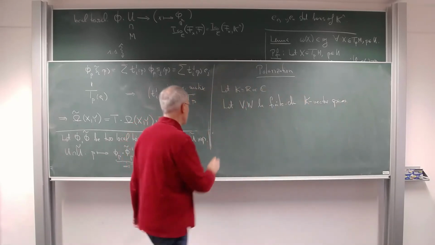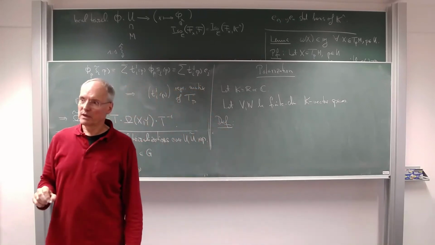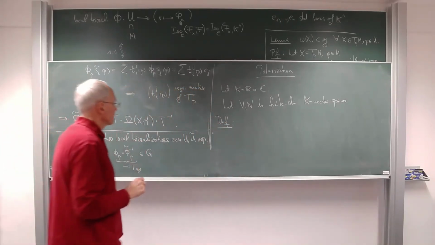Now I want to say what it means that a map from V to W is polynomial, or a polynomial of a certain degree.